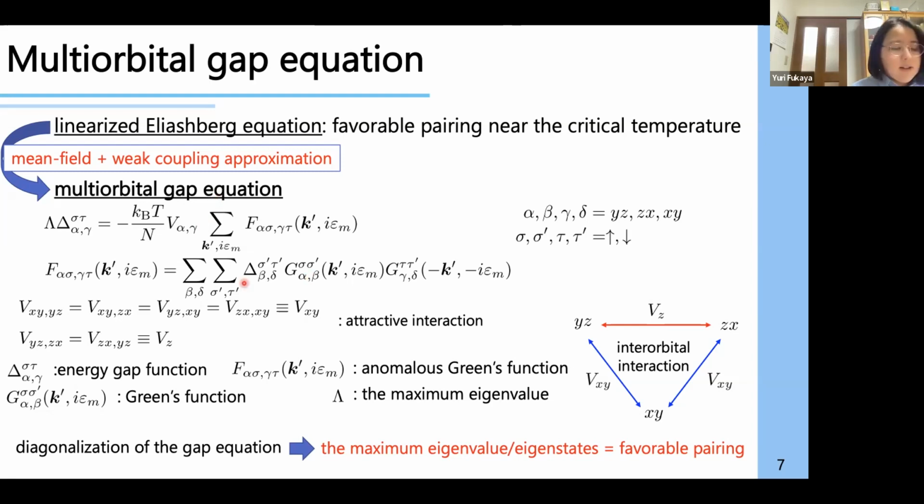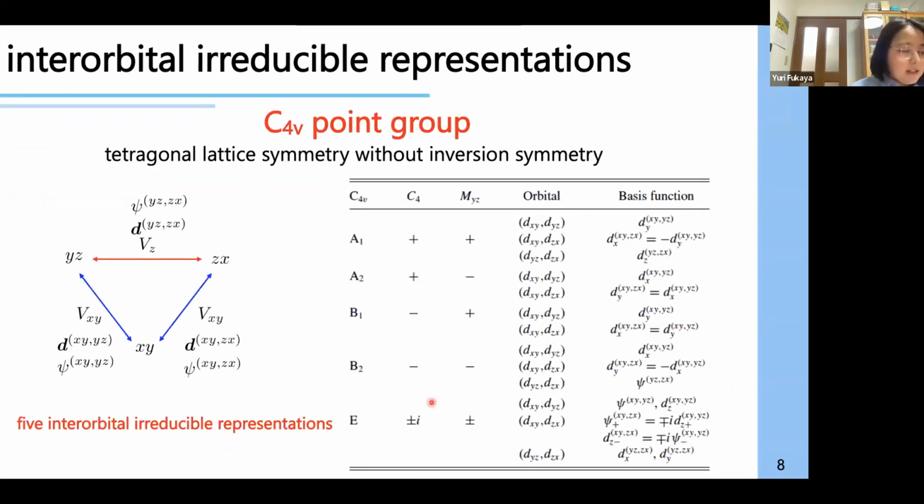Using this equation, we compute the maximum eigenvalue and the corresponding eigenstate that gives the most favorable pairing configurations. The pairing symmetry must obey the irreducible representation of a point group.